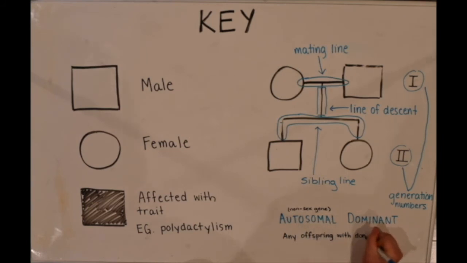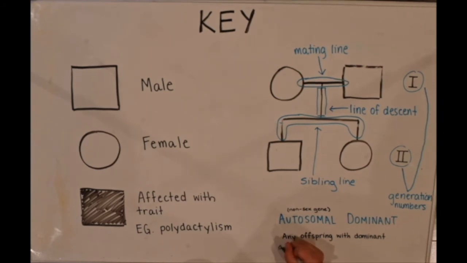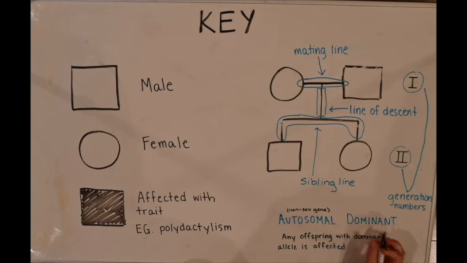This means that any cat with a homozygous dominant genotype or a heterozygous genotype will show this polydactyl trait. Not all traits are autosomal dominant. In fact, when we move on to the murder mystery, we'll look at a trait that's autosomal recessive, and that just means that the trait is only exhibited by people who have the homozygous recessive genotype.